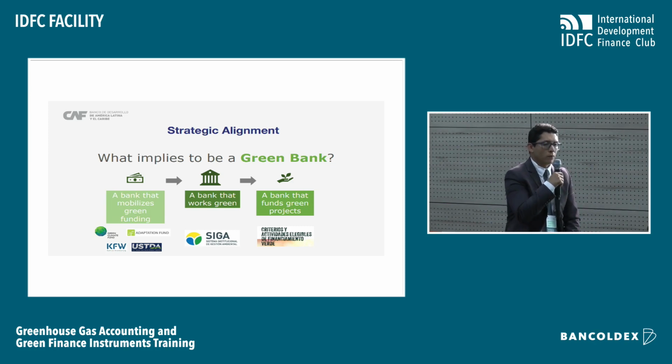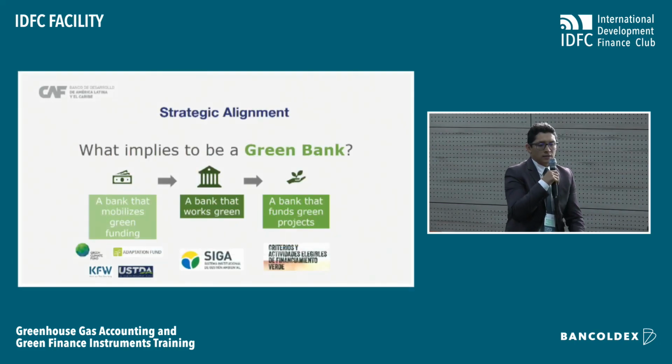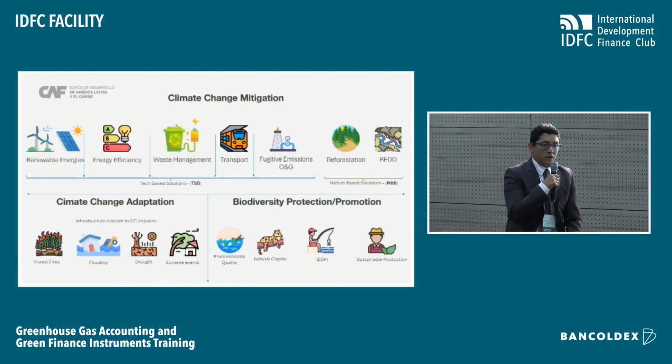It also implies being a bank that works green. That was what my colleague was explaining: the estimation of the greenhouse gas inventory, the compensation of the carbon footprint, and all the process behind that. And finally, being a bank that funds green projects. To select those projects, we adopted a green taxonomy, categorized by the kind of projects and the co-benefits included, which can result in greenhouse gas emission reductions, climate change adaptation, or the promotion and protection of biodiversity.